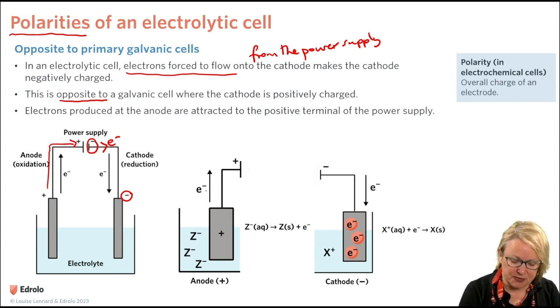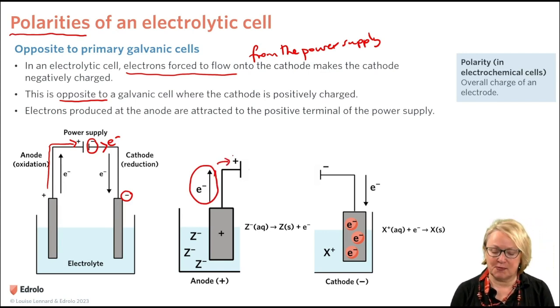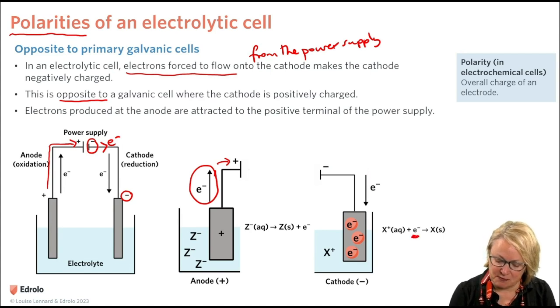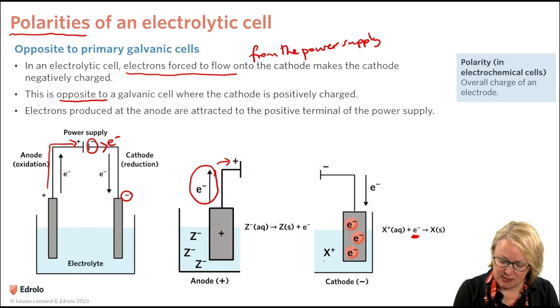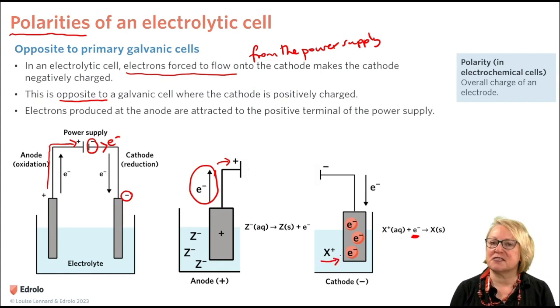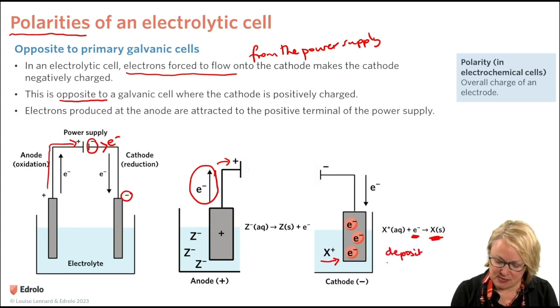So at the anode, we've got electrons forming, which are attracted to the positive terminal of the power supply, and at the negative terminal of the power supply, we're forcing electrons, so we're forcing them into reduction equations. The positive metal ions in the electrolyte migrate across to the cathode where they react with the electrons to deposit a metal. So we deposit, in this case, a metal at the cathode.